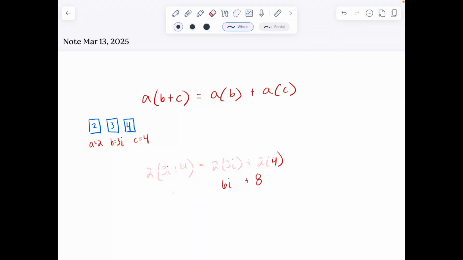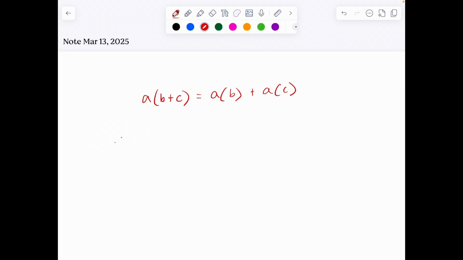Okay, and I'm going to erase that example real quickly. So this time I'm going to change it up just a little bit. Let me erase these also. And we will switch the cards over and pretend that I have drawn a 3, a 4, and a 5. This time I'm going to make 2 of them imaginary numbers.